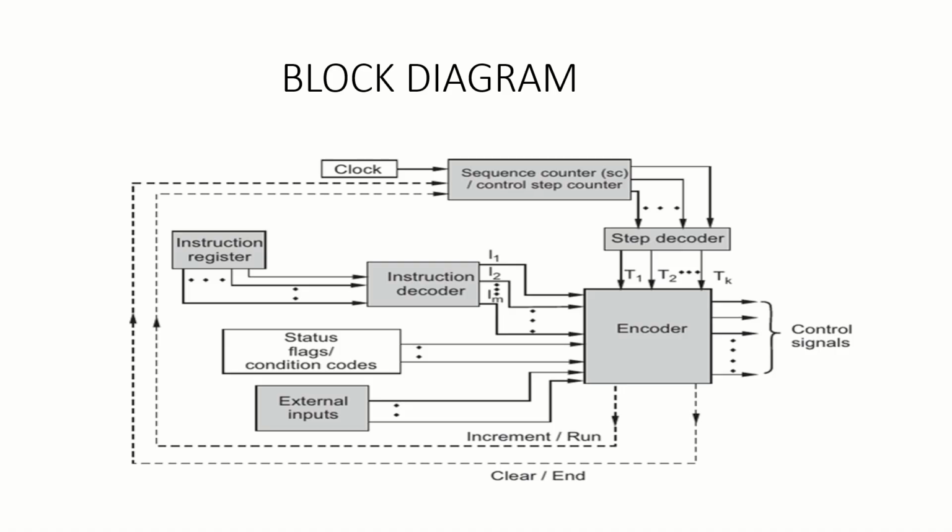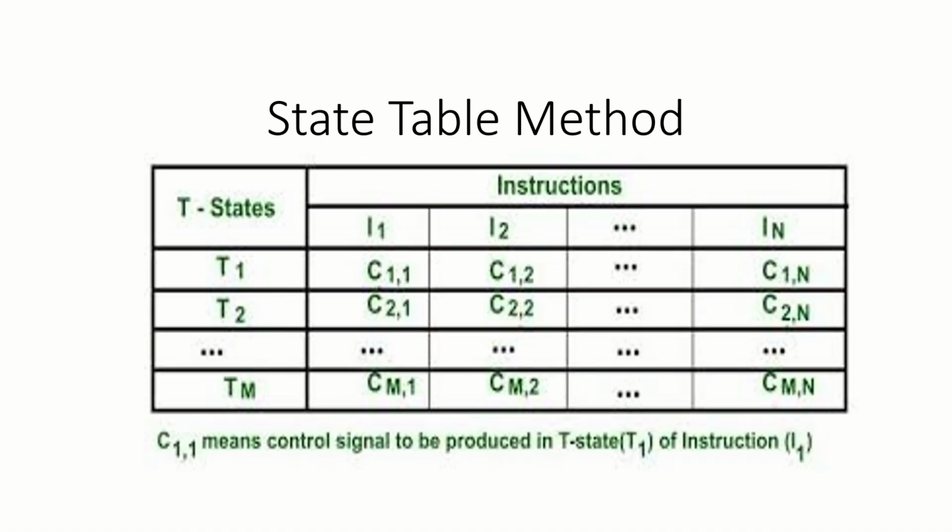So now let's discuss the methods of designing the hardwired control unit system. The first method is the state table method. What is it? The state table method is a systematic way to design a hardwired control unit.